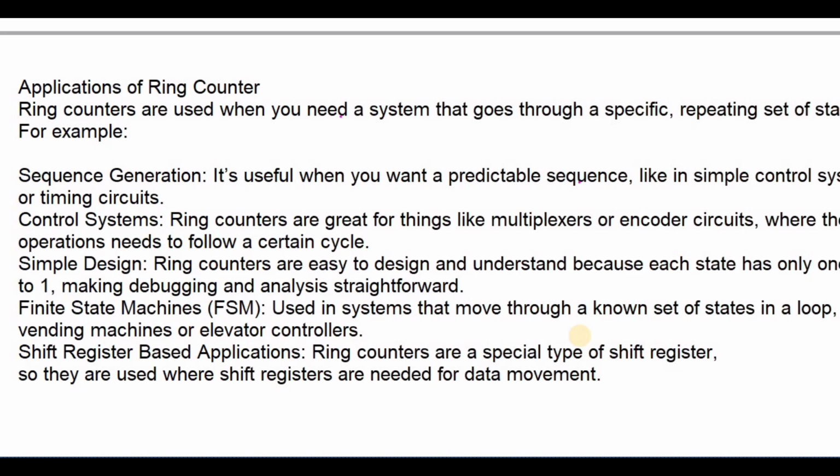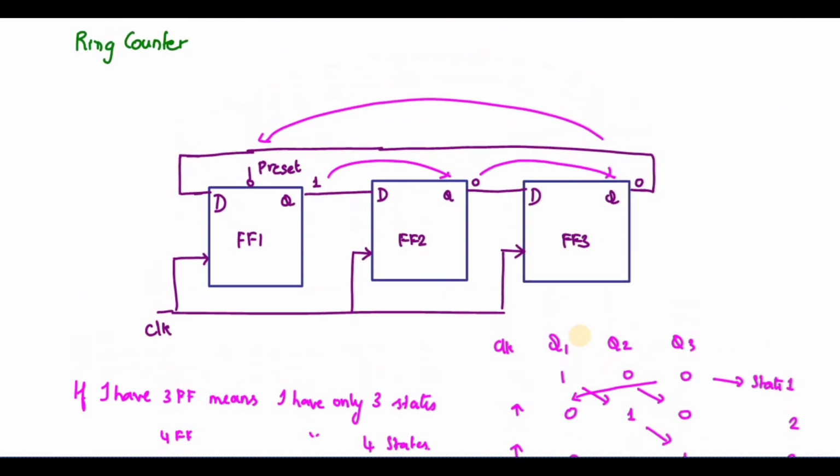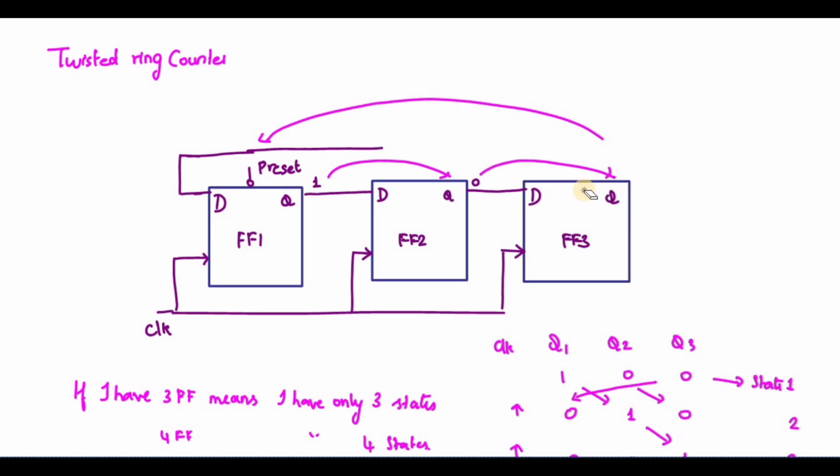So next we will discuss the twisted ring counter. What is the difference in the twisted ring counter? Here also, instead of taking the output from Q, I am going to take the output from Q bar.